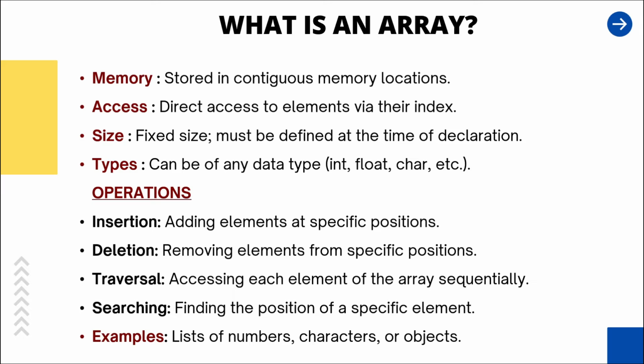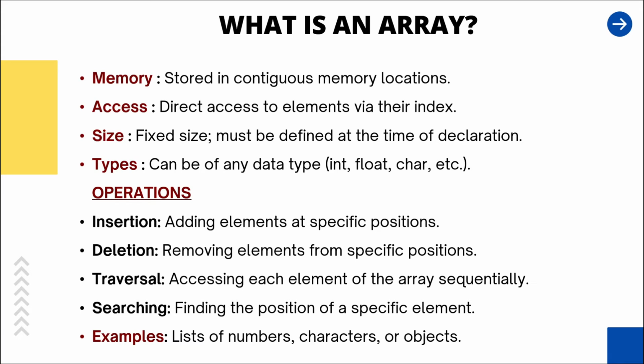When we create an array, we need to declare it and assign the size of the array. The types can be of any data type. An array could hold integers, floats, characters, decimals, and anything else.